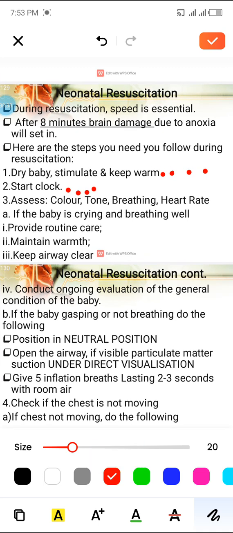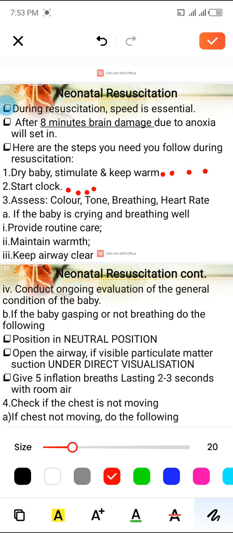Because you want to see how long you're going to perform your resuscitation. Then after drying and all that, you need to assess the baby for the following: the color, the tone, the breathing, the heart rate. You need to see whether the drying has stimulated the baby enough, or brought the baby to normal, or the heart rate has gone back to normal. So that's what you need to look at.